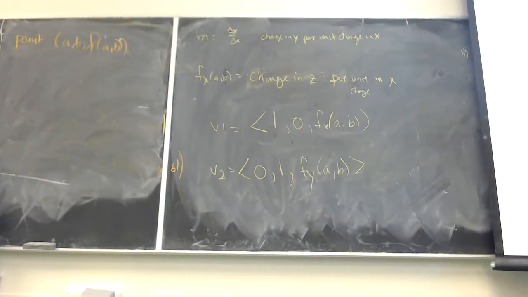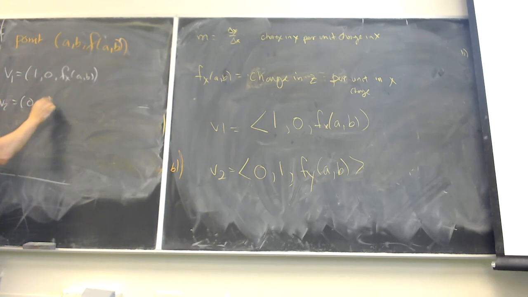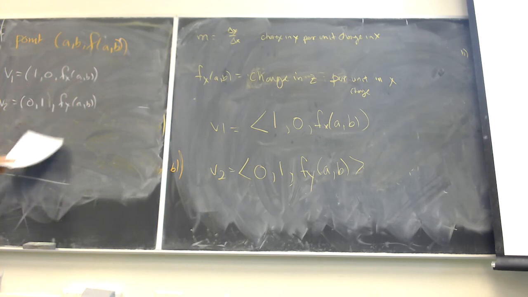We have a v1 that is equal to (1, 0, fx(a, b)). We have a v2 that is (0, 1, fy(a, b)). If I only change in the x direction, I look like I'm doing this. If I only change in the y direction, I look like I'm doing that. If only I had a normal vector. If only.